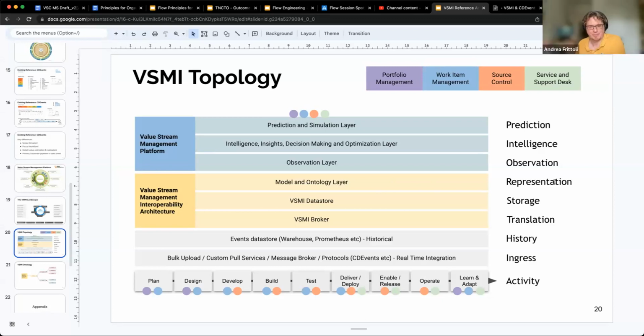Yeah. And then we have the practice of actual value stream management, which would rely on this data store, and hopefully decouple the act of representing and manipulating the value stream management data, what's relevant, from the storage and maintenance of that underlying data, meaning that you could use different tools on top of this.